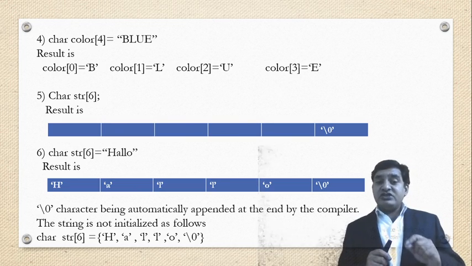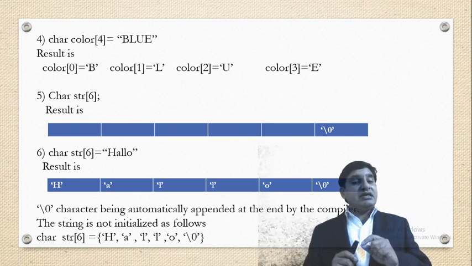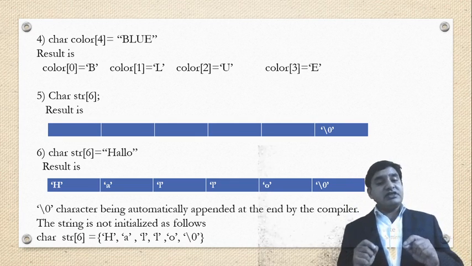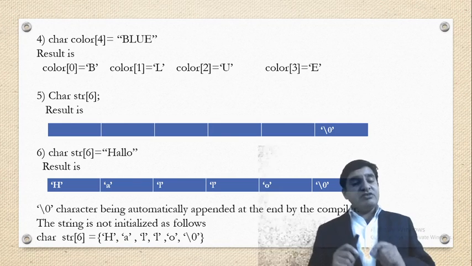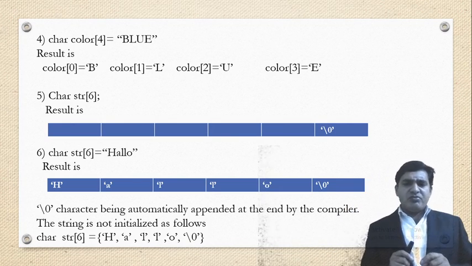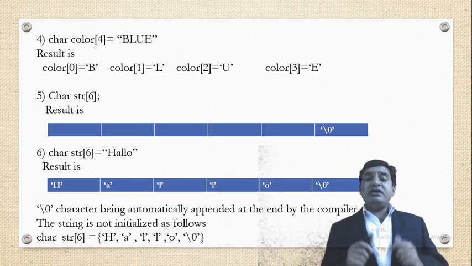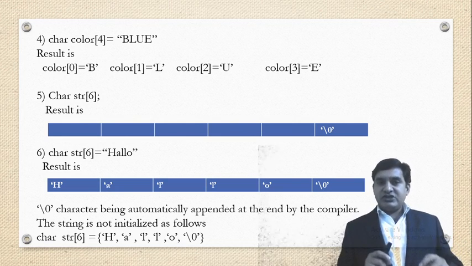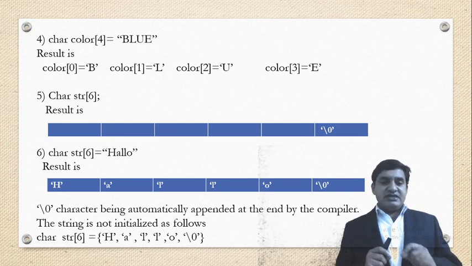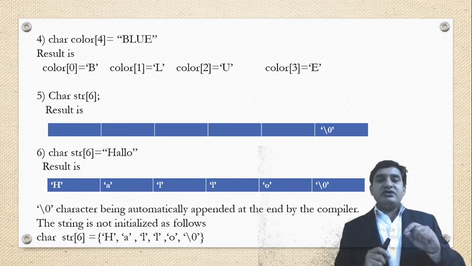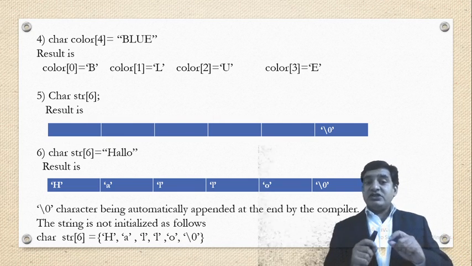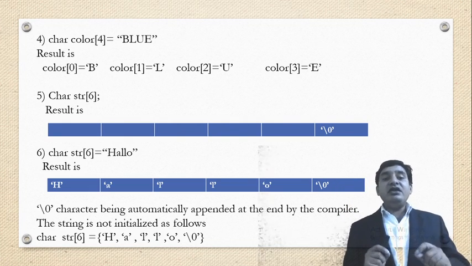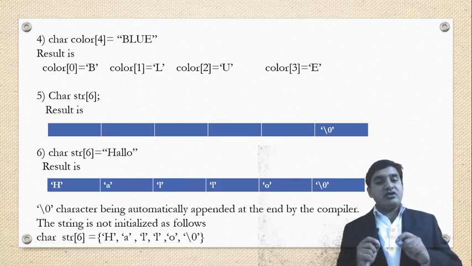The string is not initialized like this: 'h', 'e', 'l', 'l', 'o', and '\0', each in single inverted commas. This is not how it is initialized. It is initialized as char string[6] equals "HELLO", with the full word in double inverted commas.